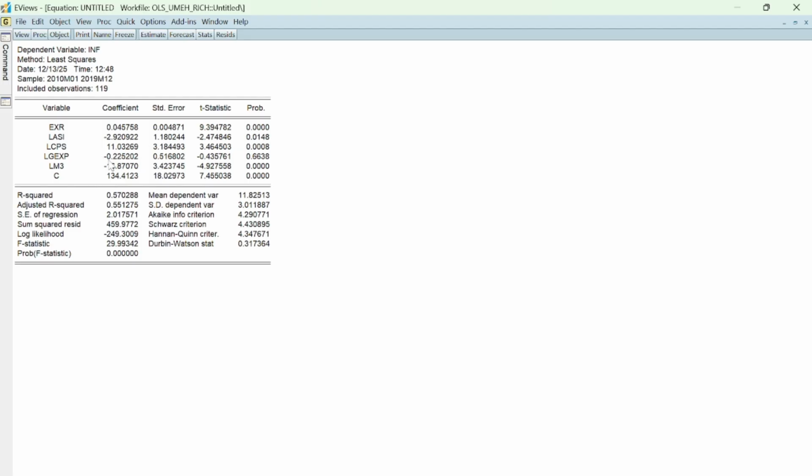Government expenditure on M3 is not significant here, which means if you include more data, it helps to make the variable significant. It still shows negative impacts on inflation, both of them, and the ocean index also has a negative impact. But exchange rate and credit to private sector are what increase inflation.